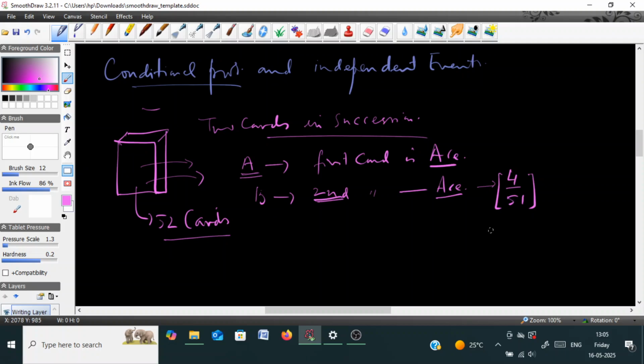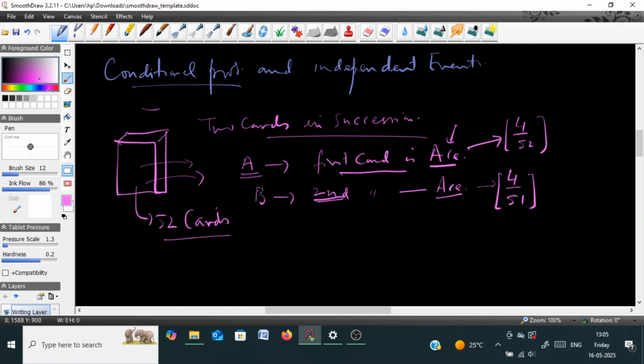Otherwise it was 4 by 52. In the first case, the probability that the first card is an ace is 4 by 52, because we have 52 cards total and 4 cards which are aces.